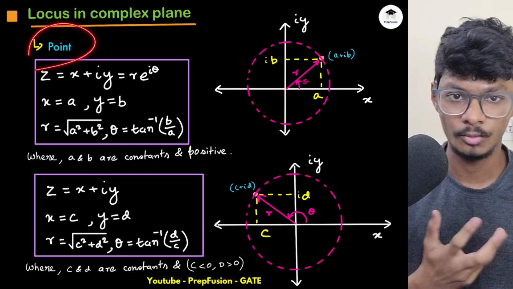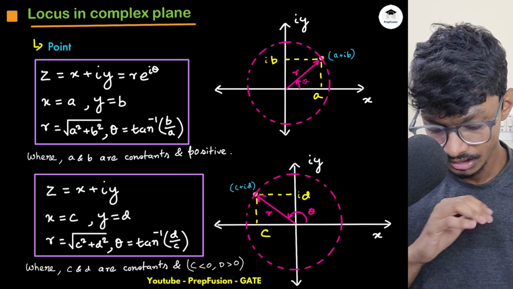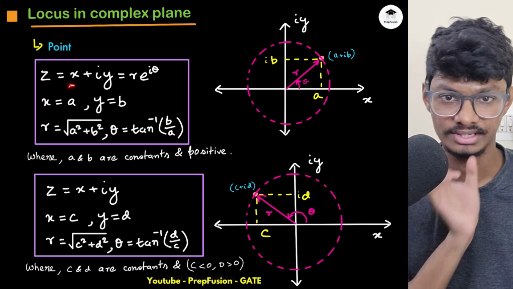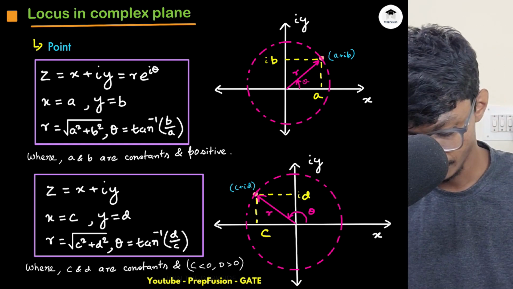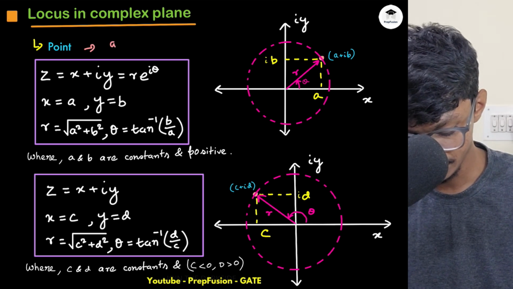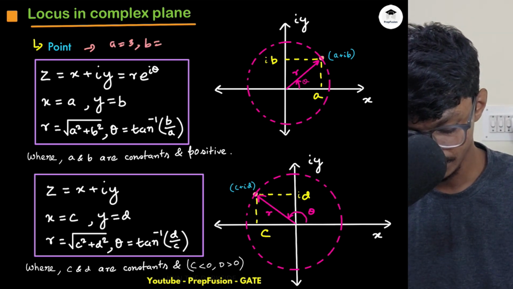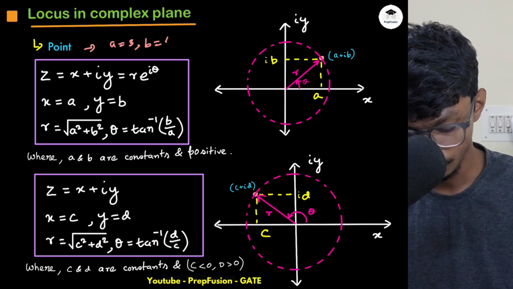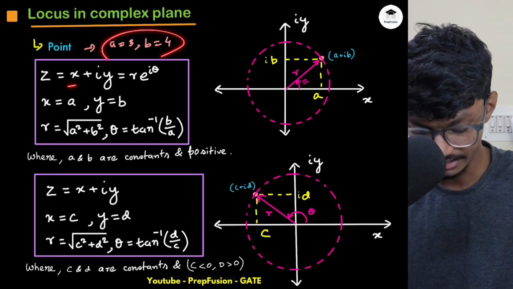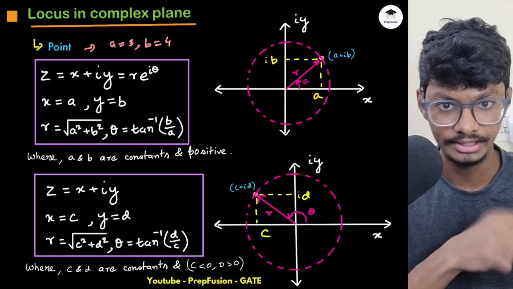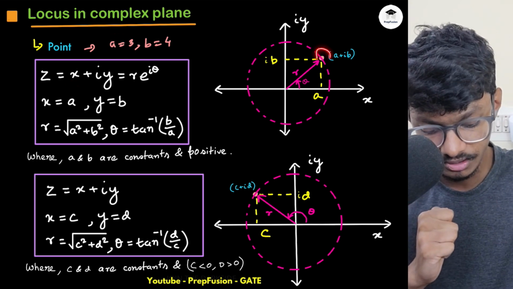So what is the locus of a point? A point is basically a constant. If I have a constant like 3 plus 4i, where a is 3 and b is 4, what will this be? This will be 3 plus i4, which will be somewhere around here.